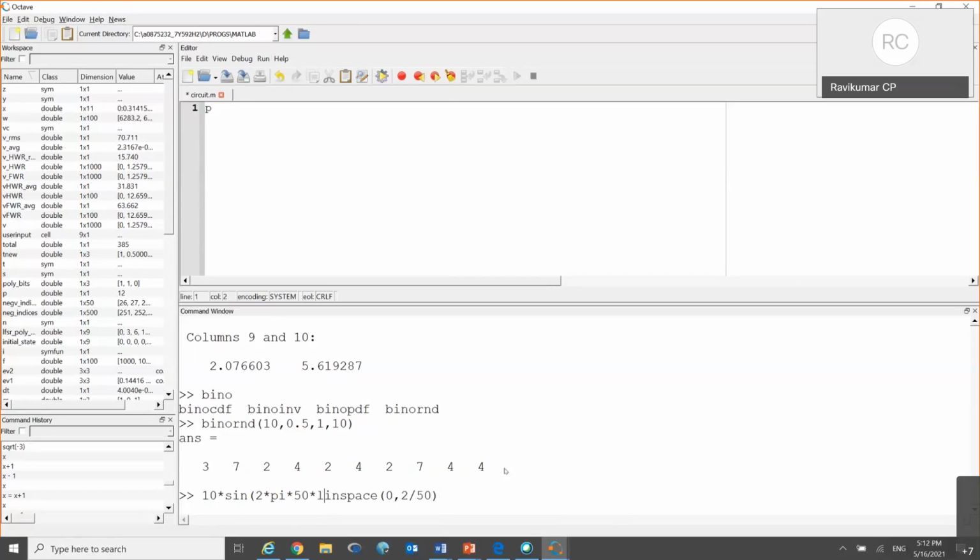This is my one sinusoidal signal. To that, I am going to add another sinusoidal signal. Let us say it is sine of 6 pi times 50 t.